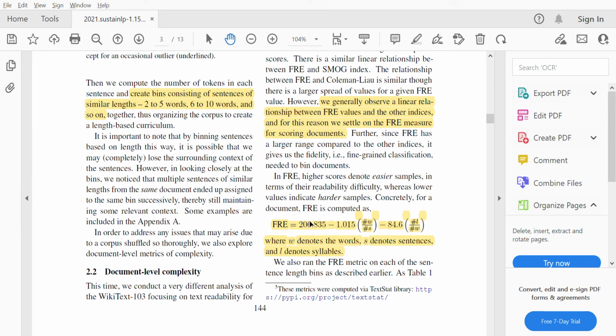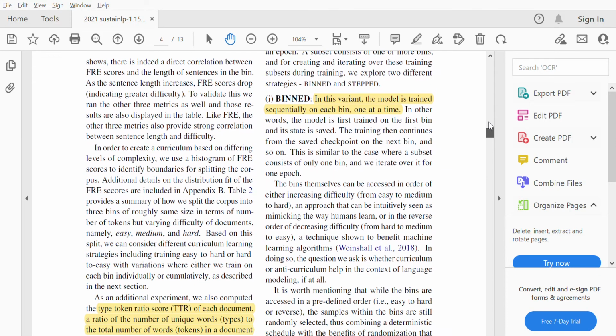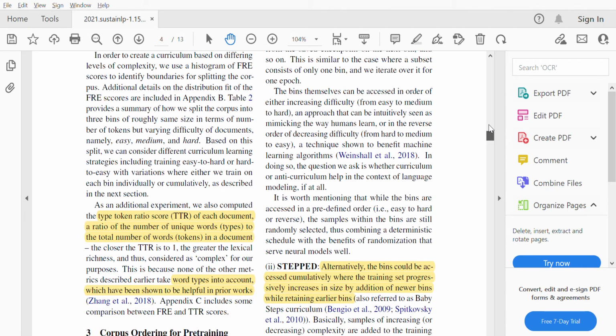So there's a nice calculation here that's not over-parameterized. They also look at the type token ratio of each document, a ratio of the number of unique words to the total number of words in a document. And having word types accounted for in some capacity has been shown to be helpful.